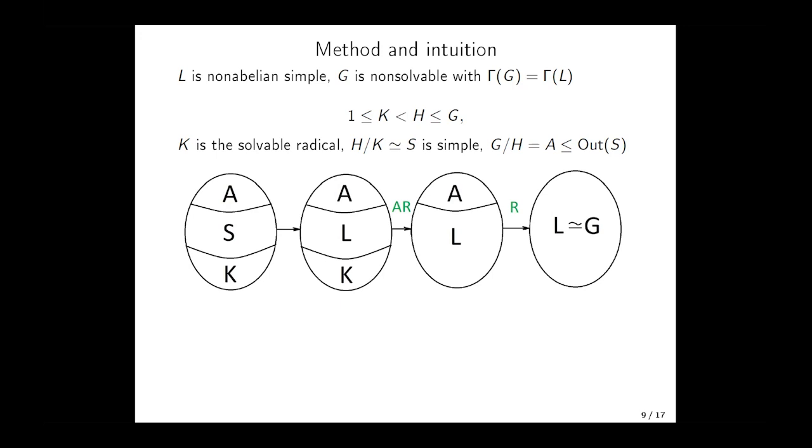For unrecognizability, this method is not useful, but there is some result that we used to deal with those cases, and I will show it a bit later. So this method is only for when we believe that a group is almost recognizable or recognizable.